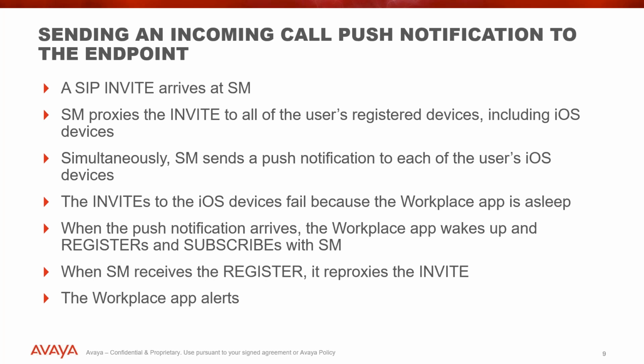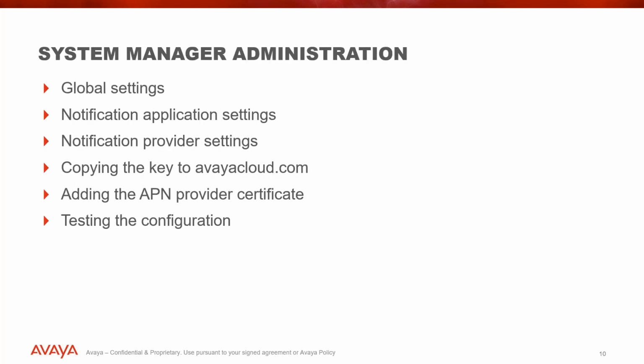Okay, continuing. What sort of administration is required to make push notifications work on Session Manager? There's not that terribly much you have to do. You'll have to enable the feature on the global settings. You actually won't have to configure notification application settings with very minor exceptions. Provider settings, you'll have to do a little bit of work there.